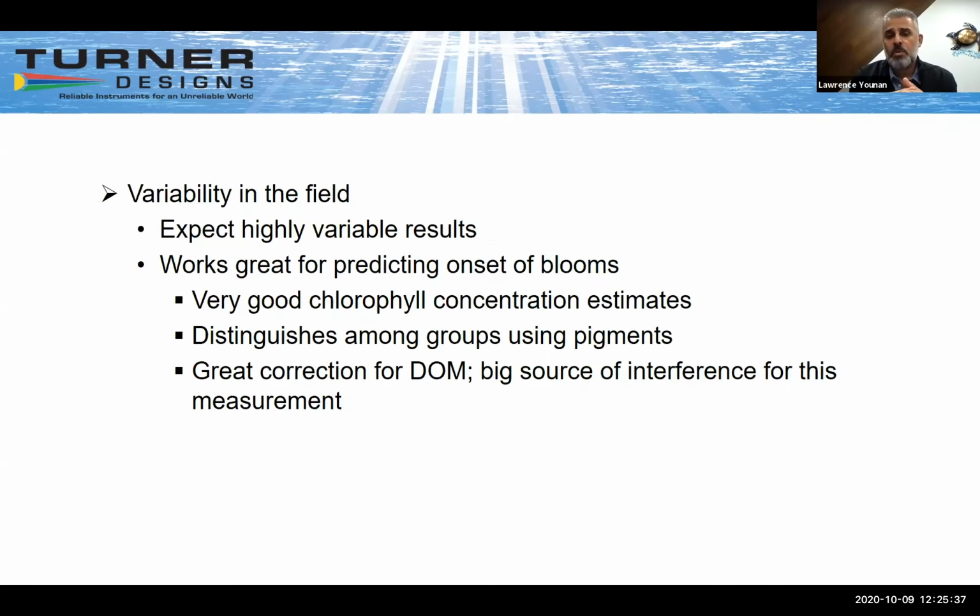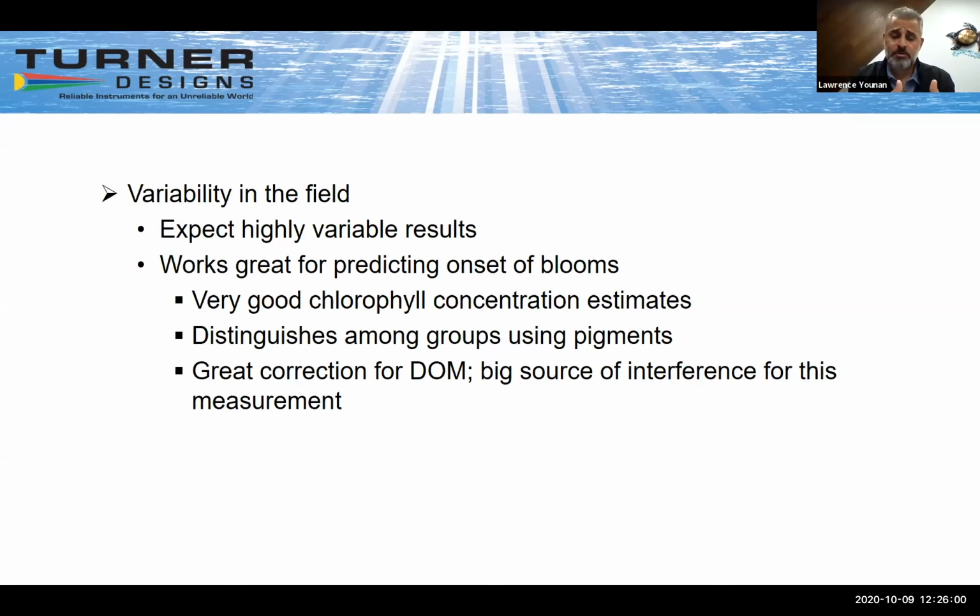So what it comes down to is variability in the field. This was one of the questions that was asked. Expect a high degree of variability, not any higher than what you already get from your in vivo, in situ studies. These types of systems are great for predicting onset of blooms because you're monitoring continuously for that signal.